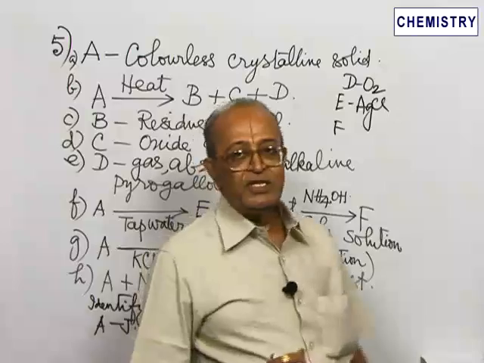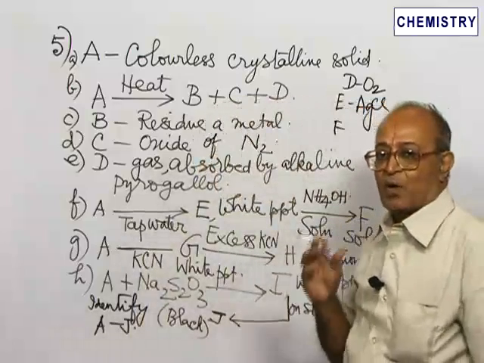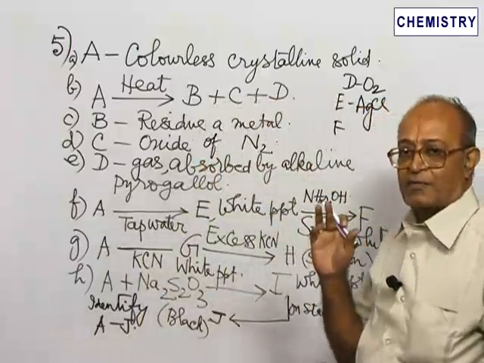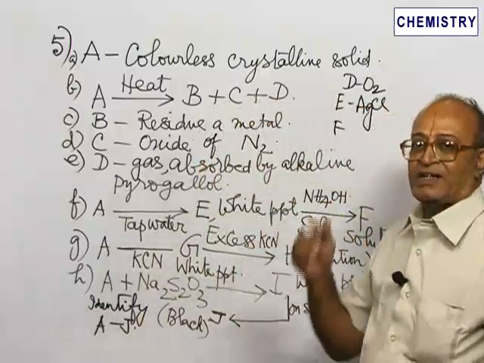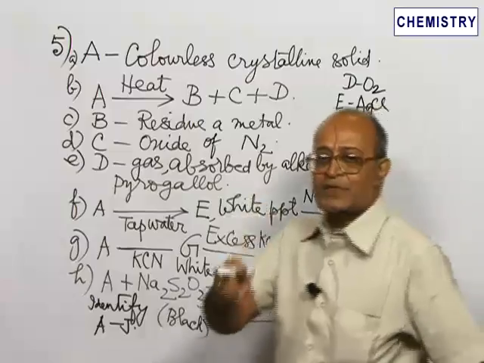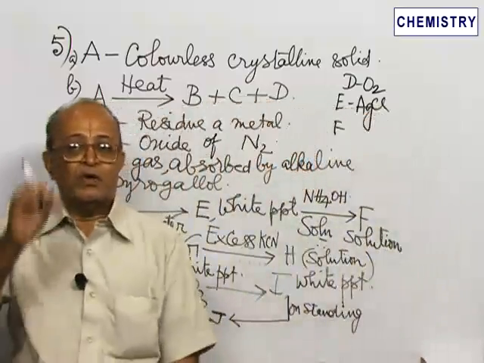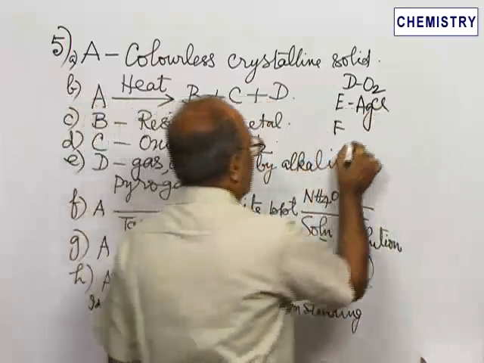Usually AgCl, which is a curdy white precipitate, dissolves in drops of ammonium hydroxide to give a clear solution.